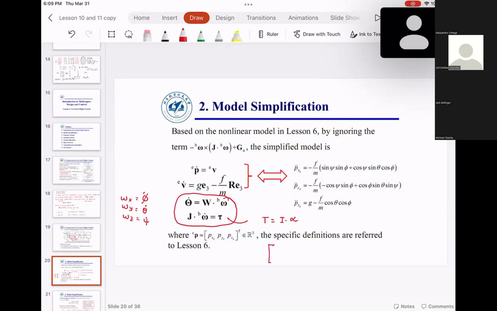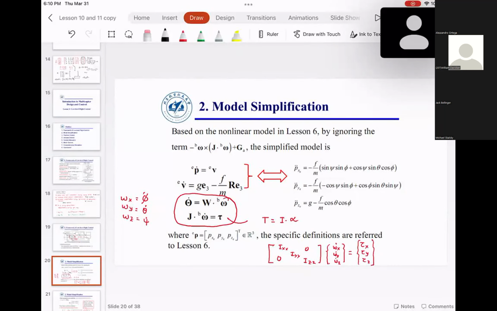So J is going to be Ixx, Iyy, Izz, with 0, 0 elsewhere. Then you are going to have omega x dot, omega y dot, omega z dot equal to tau x, tau y, tau z.